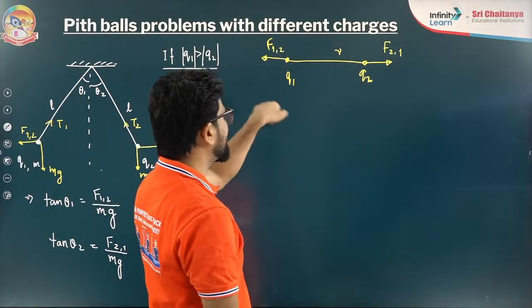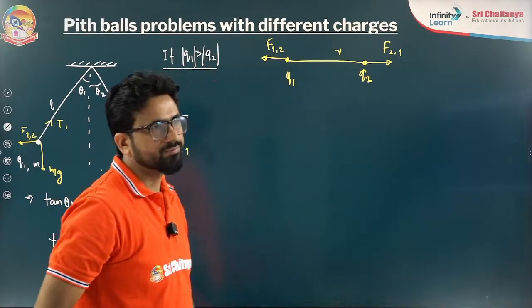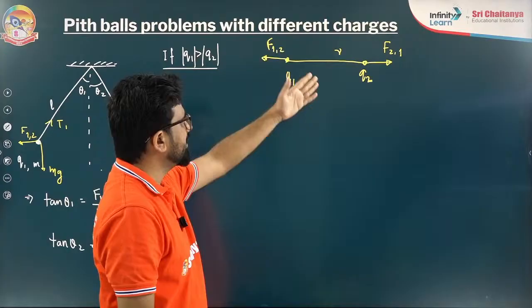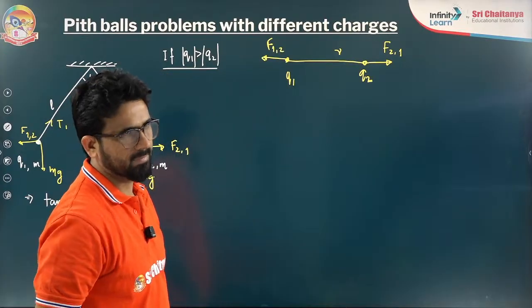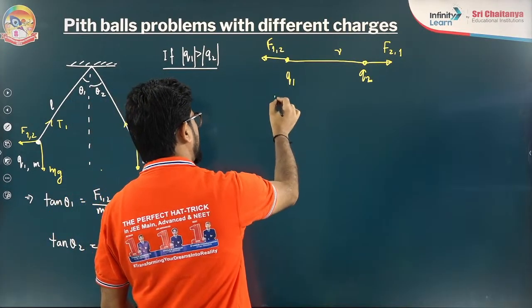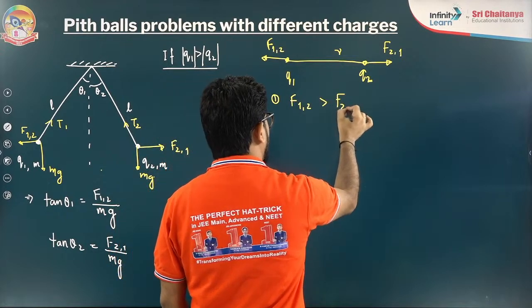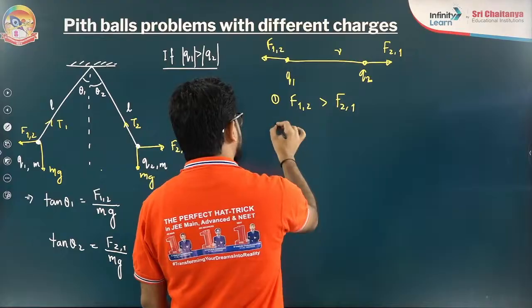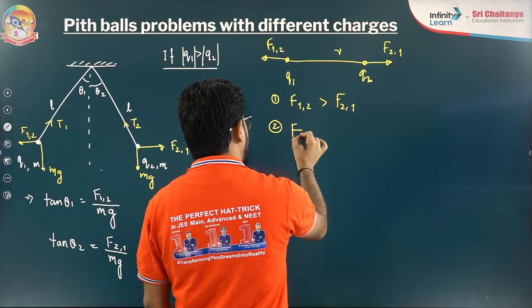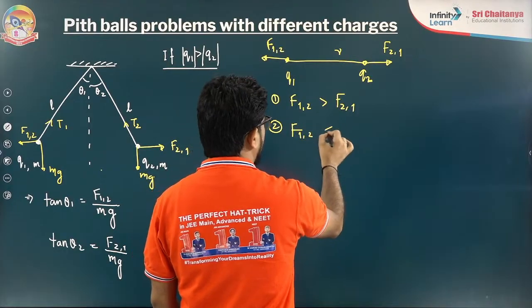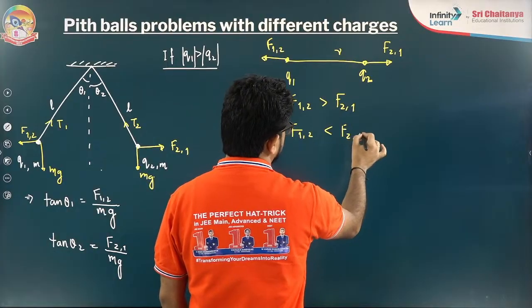Can anyone answer which is greater in magnitude, F12 or F21? Now I am giving options. Option 1: F12 is greater than F21. Second: F12 is less than F21.